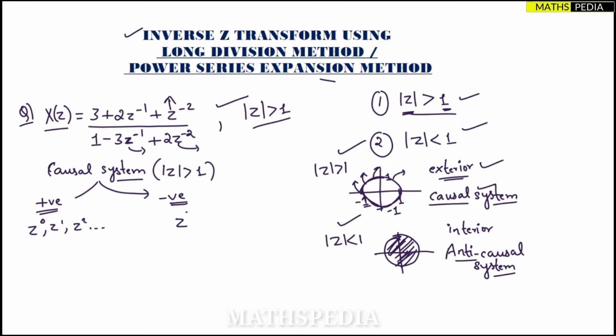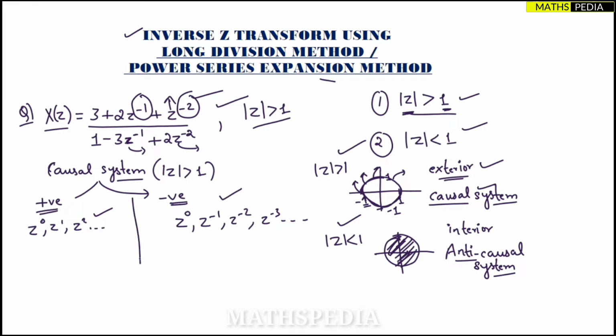Negative power means z power 0 is included in both, and then z power minus 1, z power minus 2, z power minus 3 and so on. These are negative powers. In the question they might give you negative powers, as you can see in this question, it is given in negative powers, z power minus 1, z power minus 2. Positive powers they can give as z power 0, 1, 2, 3.